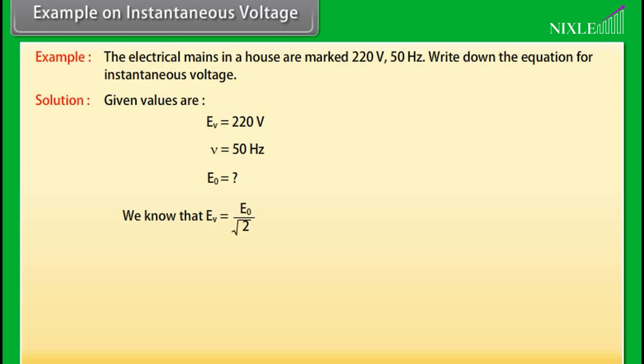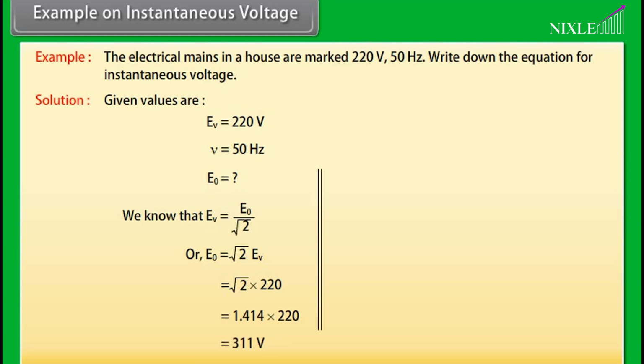We know that EV is equal to E naught divided by root 2, or E naught is equal to root 2 EV. On putting the values in the equation, we get E naught is equal to 311 volt.